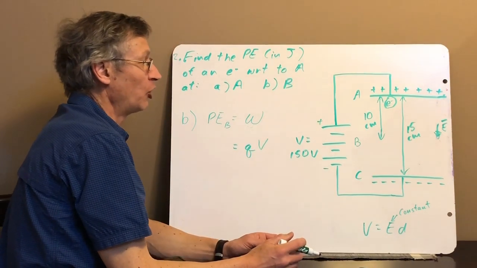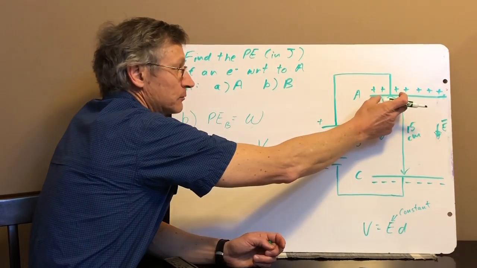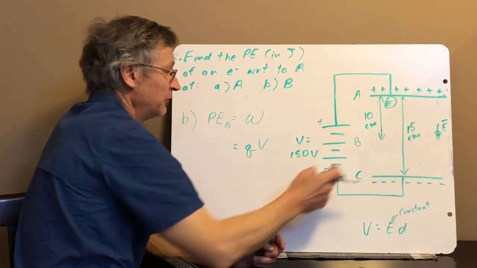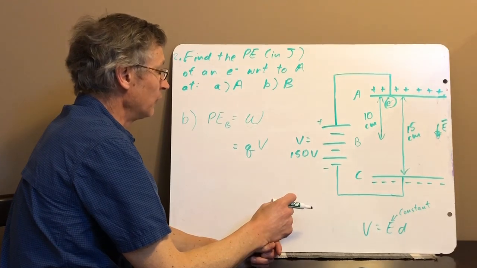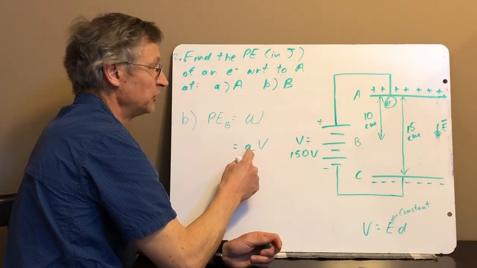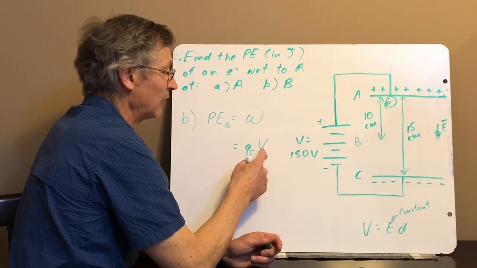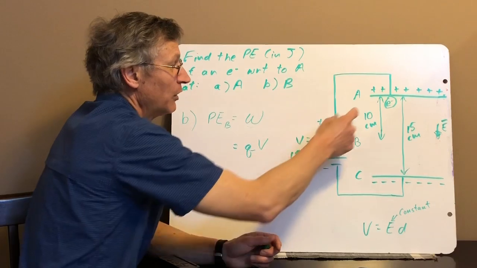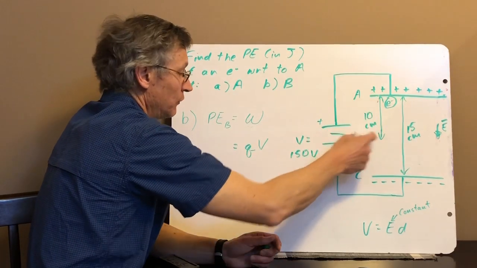The work on a charge is equal to the charge itself multiplied by the potential difference you move it through. So the work done on our charge is equal to the charge itself times the potential difference we move it through. And remember, we're looking for the potential difference between these 2 points.